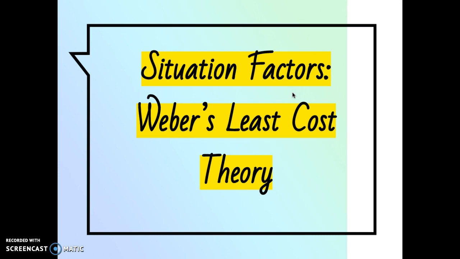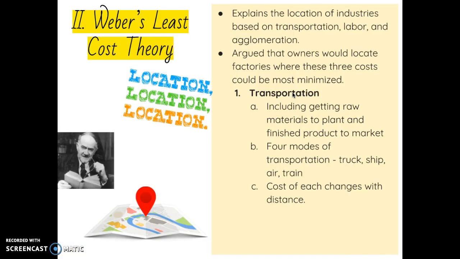And so we're going to focus on Weber's least cost theory. So Weber's model of industrial location emphasizes the owner's desire to minimize transportation and labor costs and maximize agglomeration economies. And that's kind of a big statement.